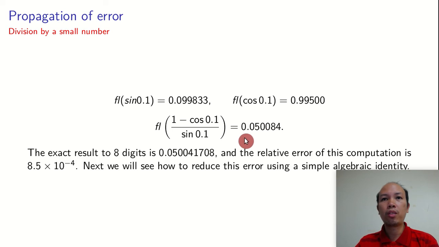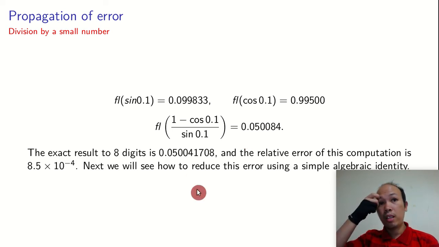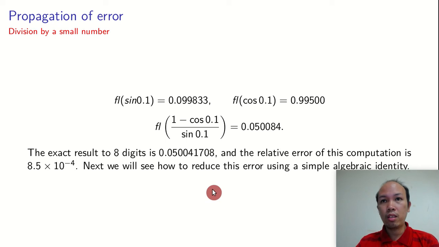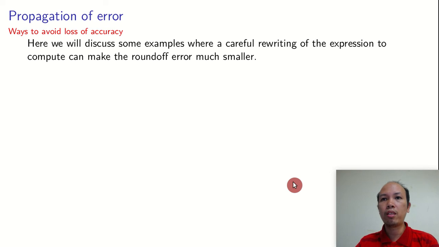Use your calculator. The exact result to 8 digits is 0.0500411708, and the relative error of this computation is 8.5 times 10 to the negative 4. Get the value of the original minus this one, which is the absolute error, then divide by the original to get the relative error.